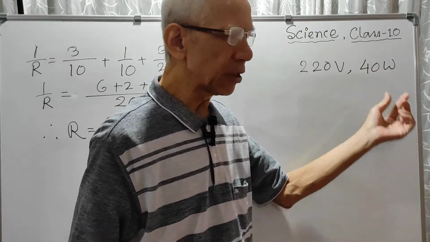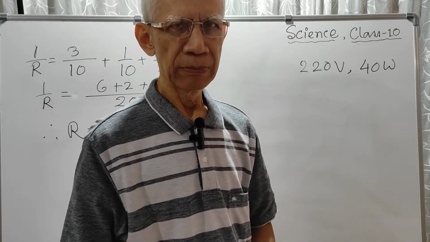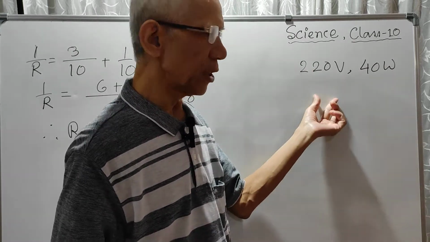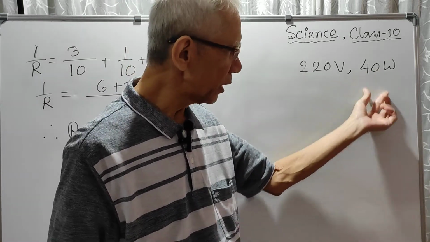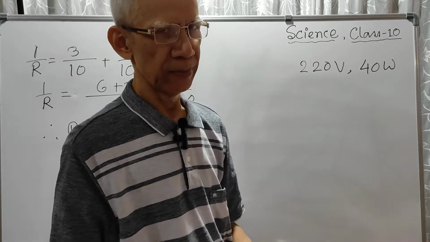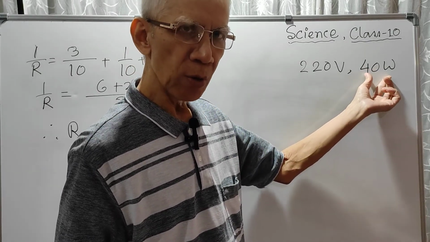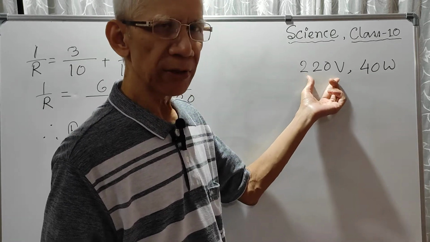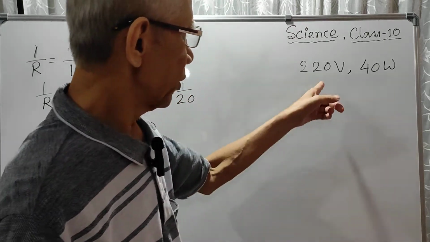But this power 40 watt is not a permanent quality of the bulb. If you reduce the voltage, this 220, then the power will be reduced. So this 40 watt power is applicable only when the voltage of the source is 220. So that is the meaning.